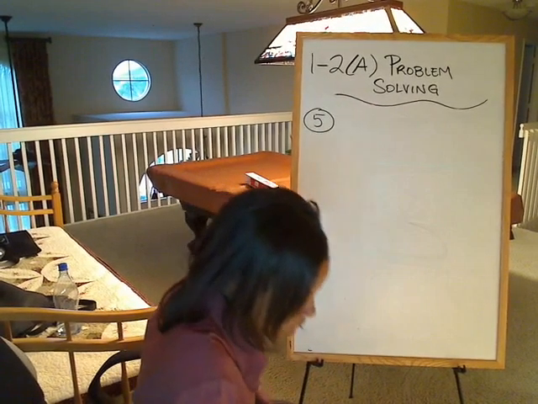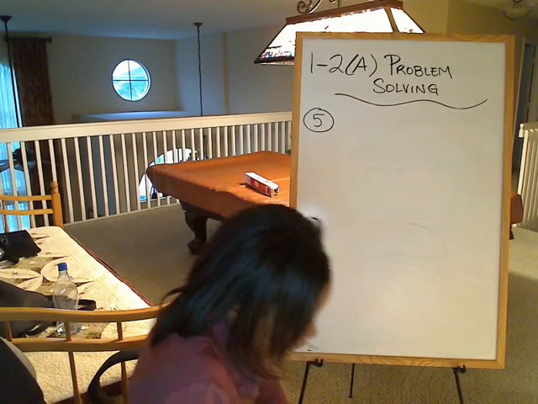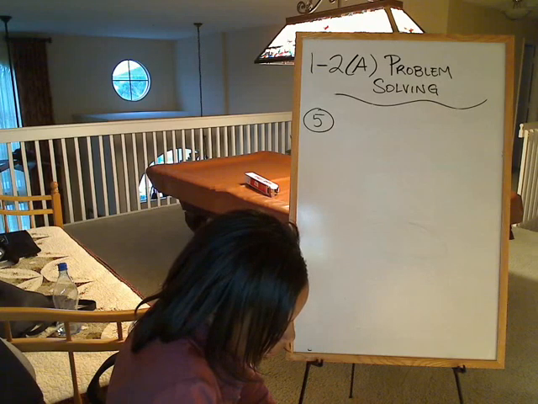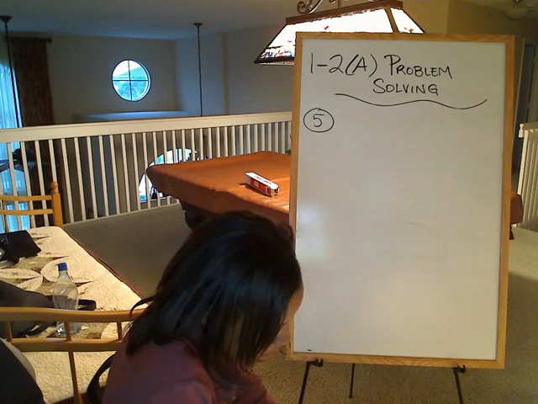Number 5 says, the land area of Alaska is about 570,000 square miles.